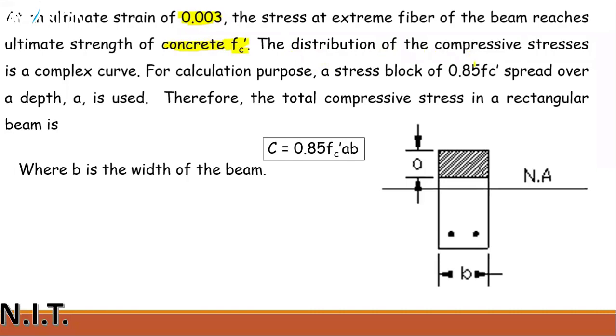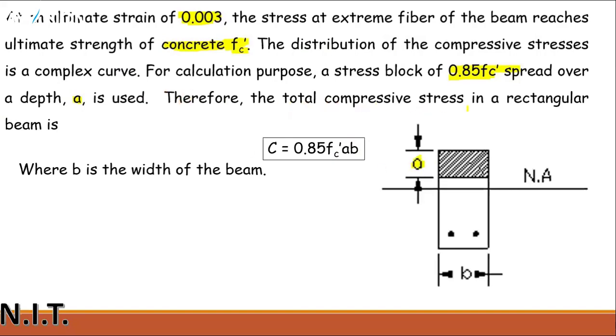The distribution of the compressive stresses is a complex curve. For calculation purposes, a stress block of 0.85 Fc prime is spread over a depth a. This is the small depth a.